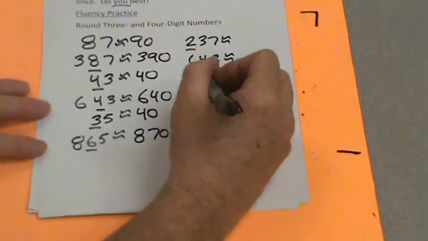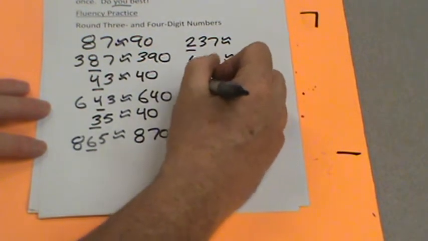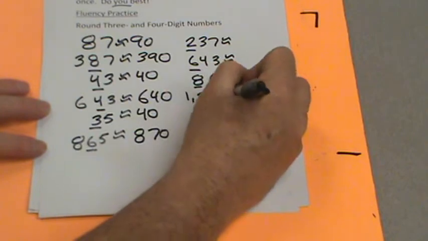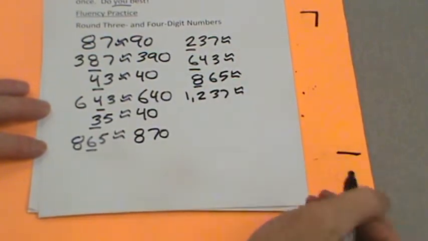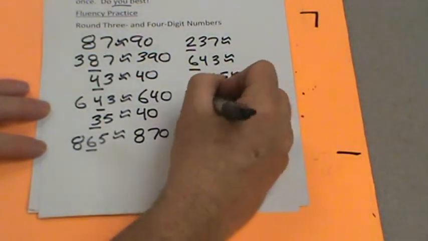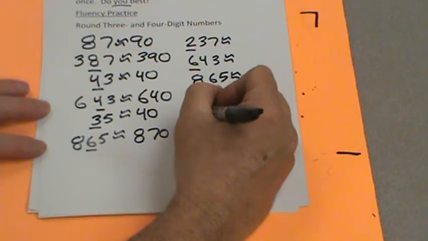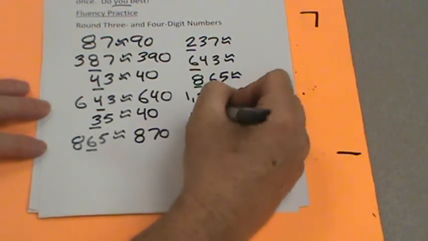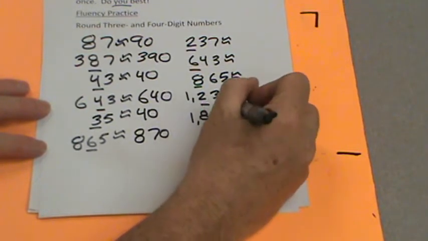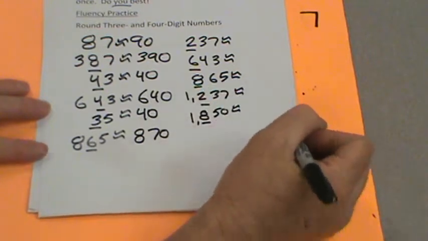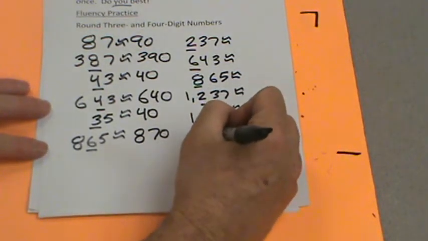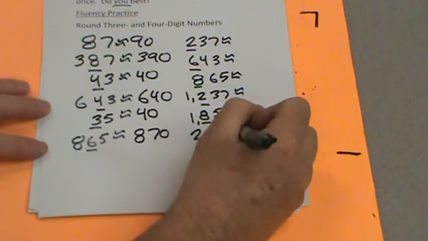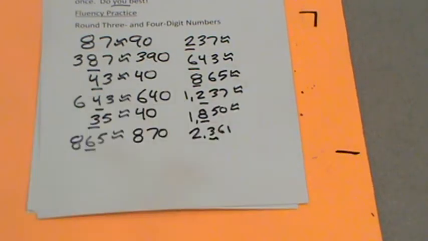And we'll continue on with 1,237, round it to the nearest 100. 1,850, round it to the nearest 100. And one more, 2,361, round it to the nearest 100, not 10.